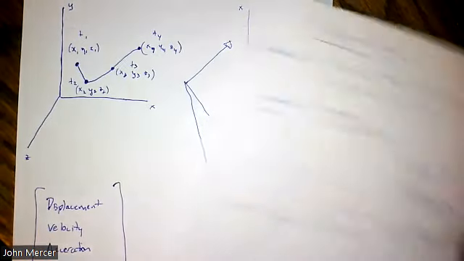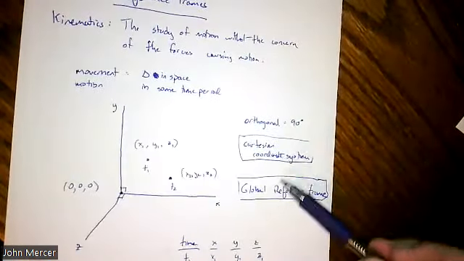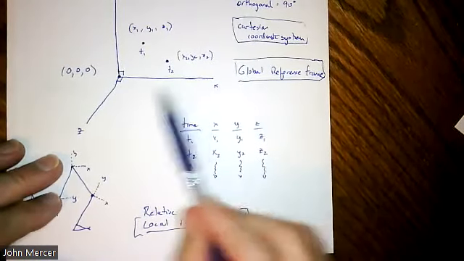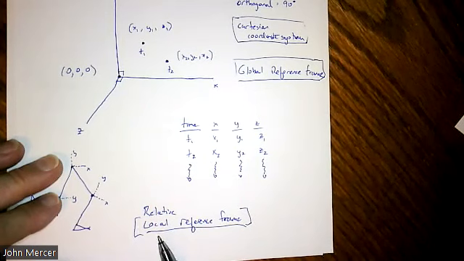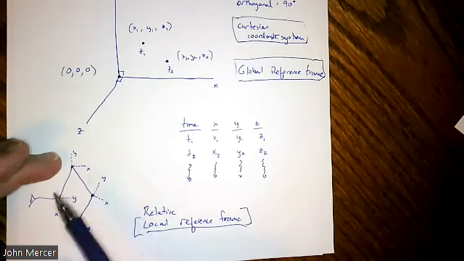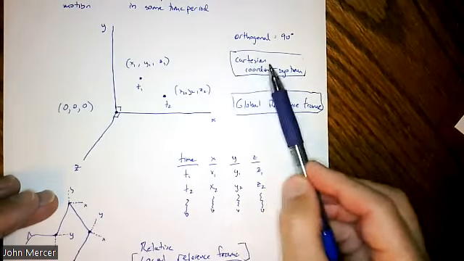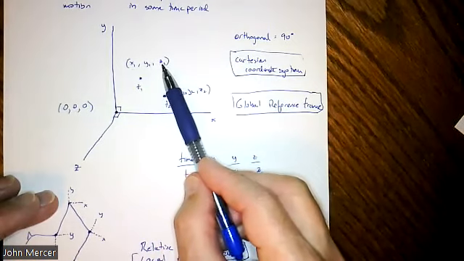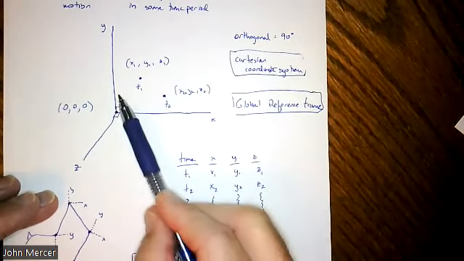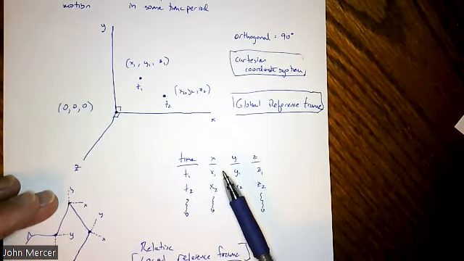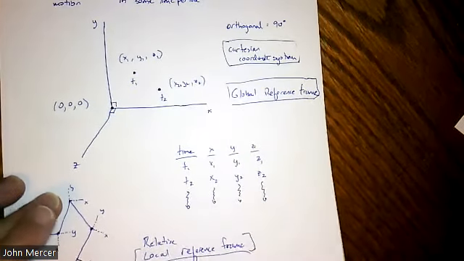Okay, so reference frames. We've got 2 types of reference frames, the global reference frame and the local reference frame. The global reference frame is fixed in space. The local reference frame moves with the object that we're interested in. In this case, I drew a person. We're going to use a Cartesian coordinate system, which is your standard X, Y, and Z, where each axis is 90 degrees from the other, so it gives some good unique information.